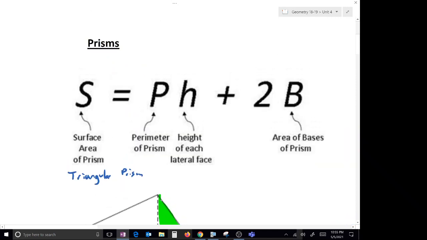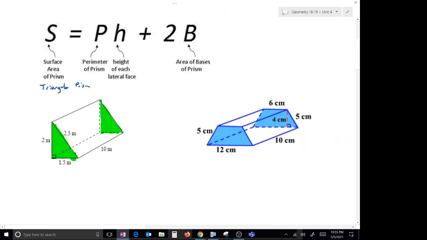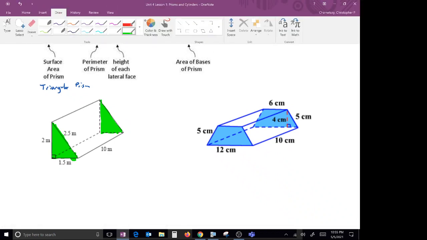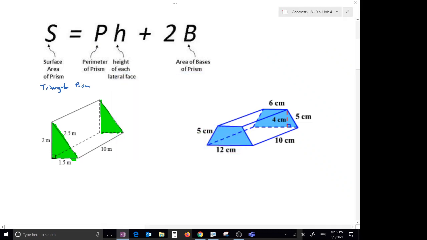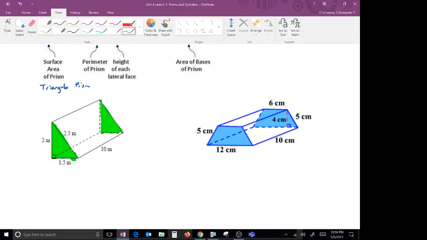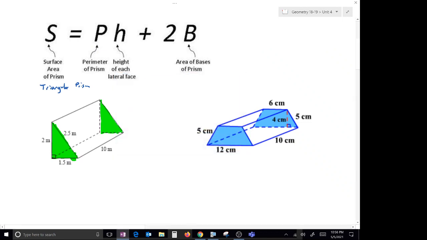The formula for surface area, and by surface area I mean all the area of everything around it. So in other words, if I were to unwrap this, like cut it open like we were breaking down a box, I'd have three rectangles. The three rectangular faces would not all be the same shape.